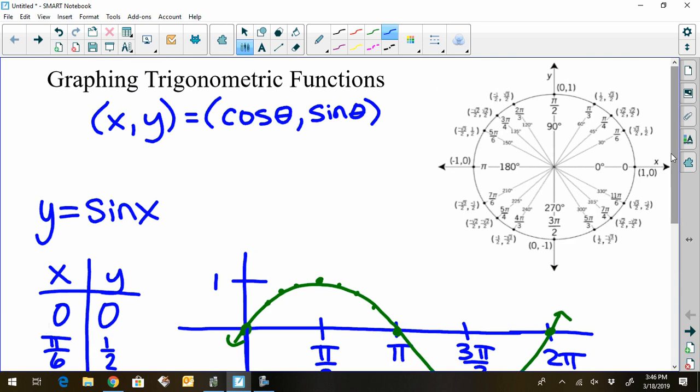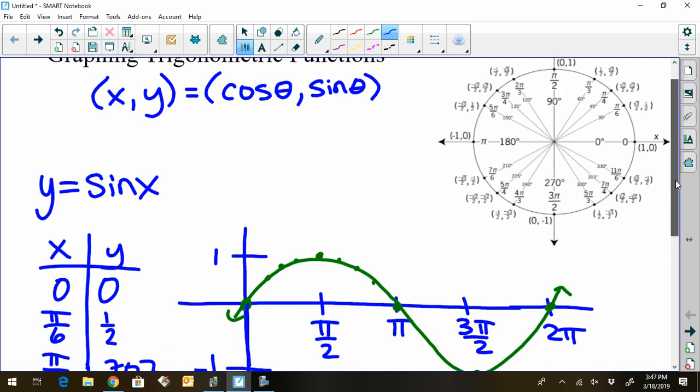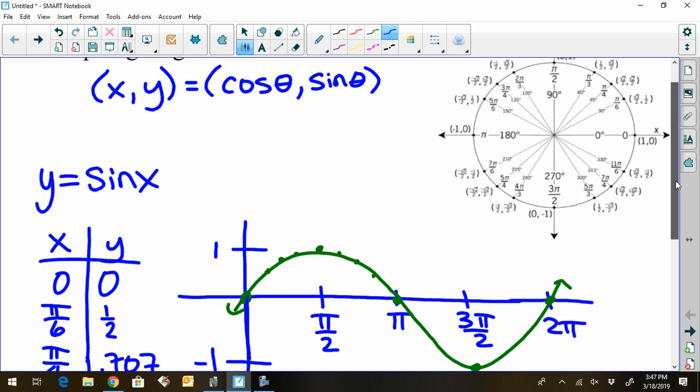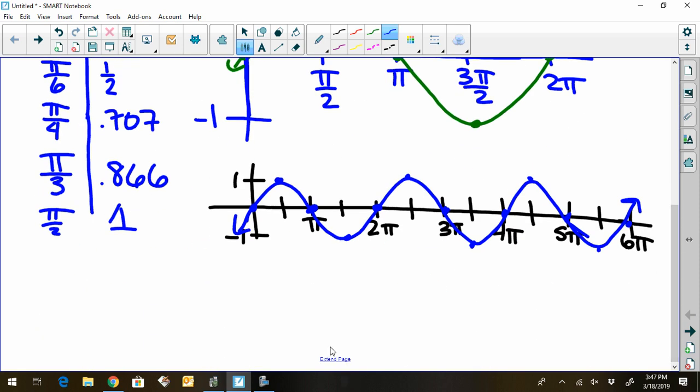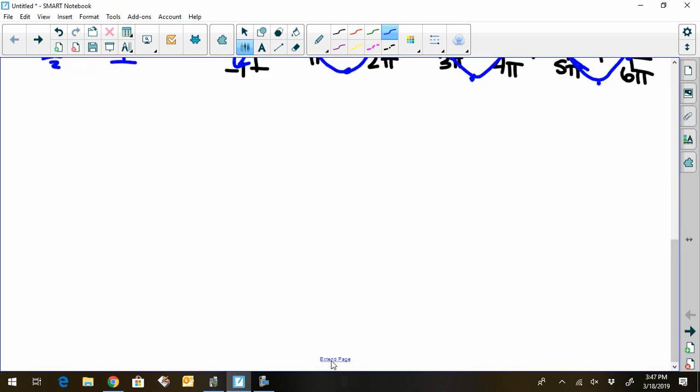So your job, we just graphed sine of x. Your job for the rest of the day is to graph the rest of the 6 trig functions. That's also your homework, is to graph all of the trig functions, and there's extra graph paper if you need some.